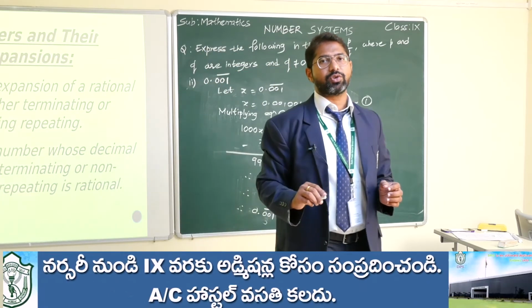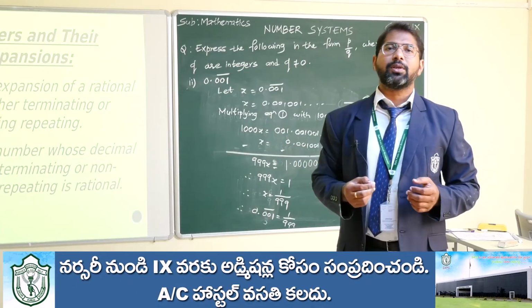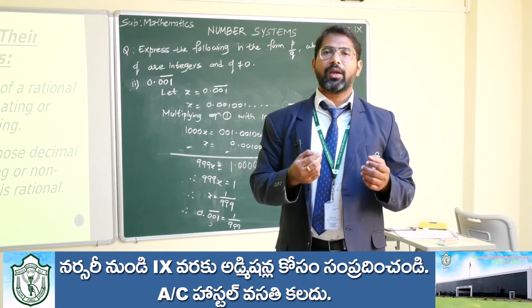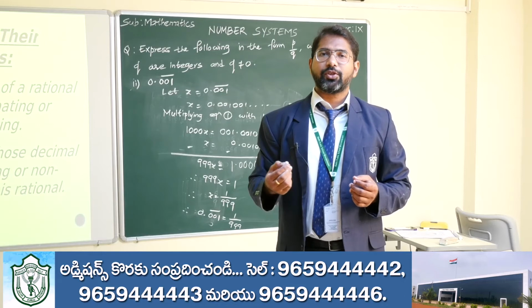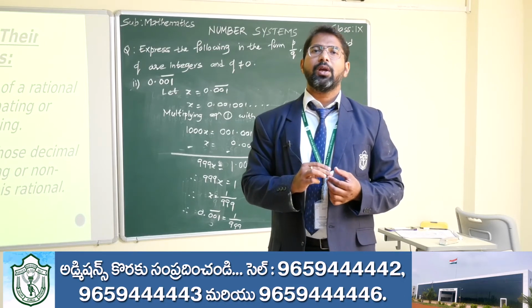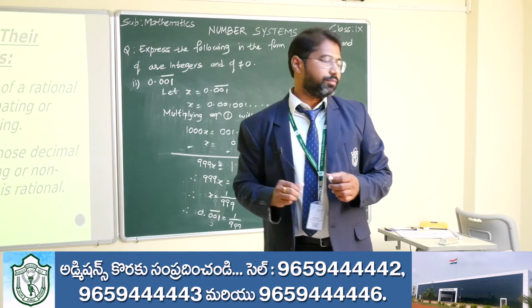I hope you have understood from these two examples how to write a given non-terminating repeating decimal as a rational number. Now let's solve some more problems.